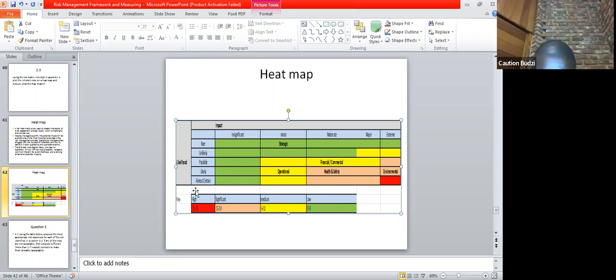On health and safety, the likelihood is on scale 4, but the impact is moderate. So it's here. It is represented by a scale of 12. So the scale of 12 is in our significant category.